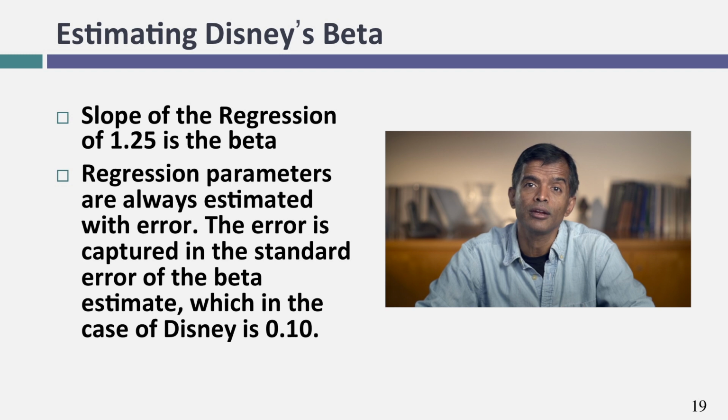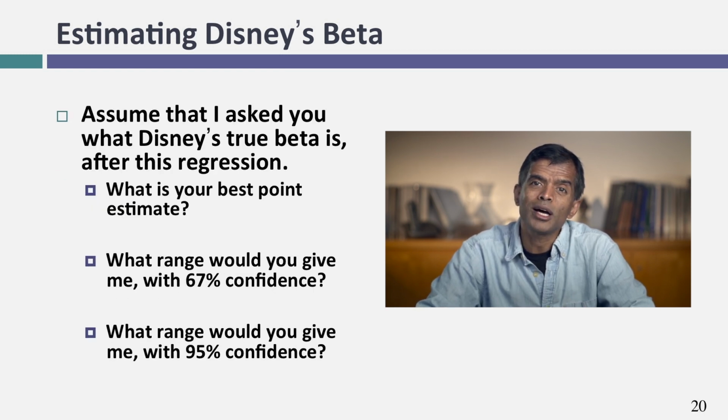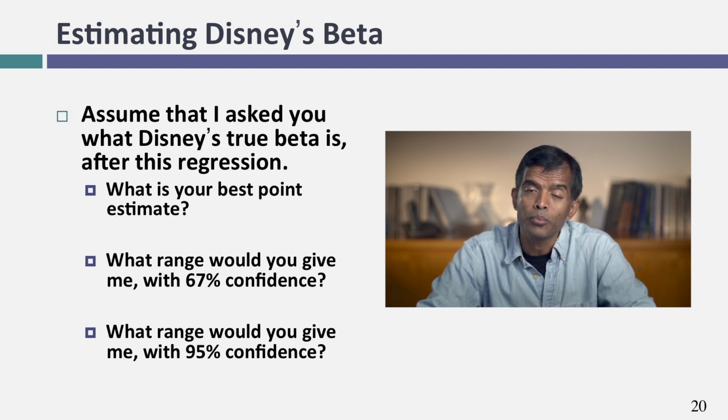But remember, there's a standard error, which means that there's a range on the beta. In fact, with about 67% confidence, which in a normal distribution is about 1 standard deviation, your true beta for Disney will be anywhere from 1.15 to 1.35, plus or minus 1 standard error. With 95% confidence, it's going to be 1.05 to 1.45, plus or minus 2 standard errors.